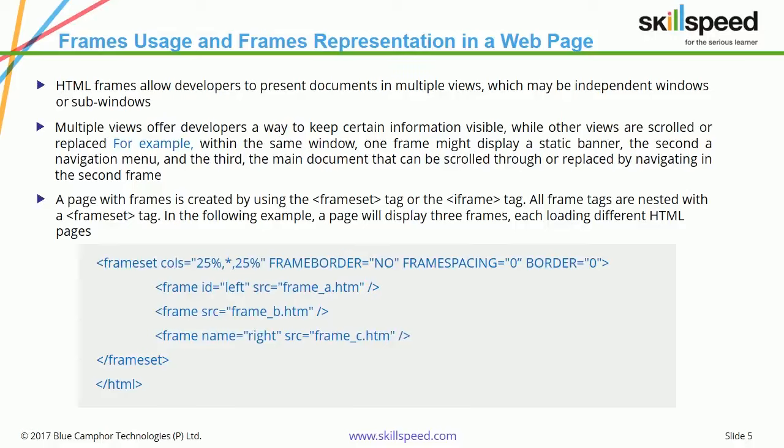All these frames can be viewed in the format of columns because we are defining the frameset with columns. So in the web page, we will see 3 columns which will load 3 different web pages. We are also defining that there is no border between each frame and no spacing between each frame. Now let us go through the HTML pages with examples containing frames in different rows and columns.